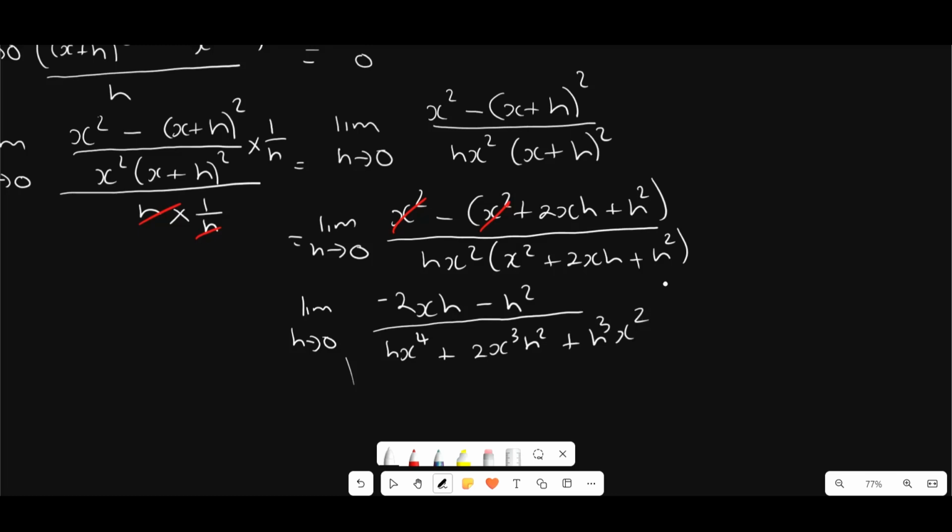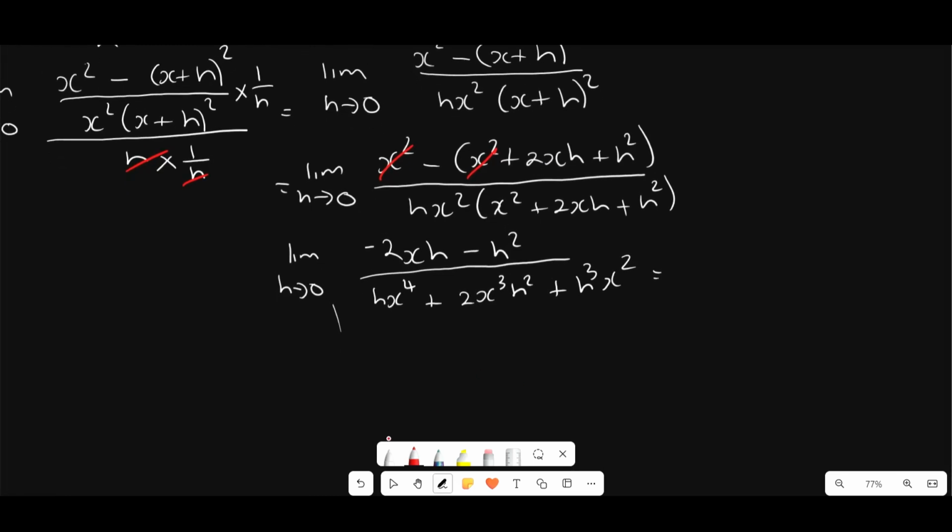Now if you do the direct substitution, h equal to 0, at the bottom we'll still have 0, so we cannot do the direct substitution. That means I have to simplify further.